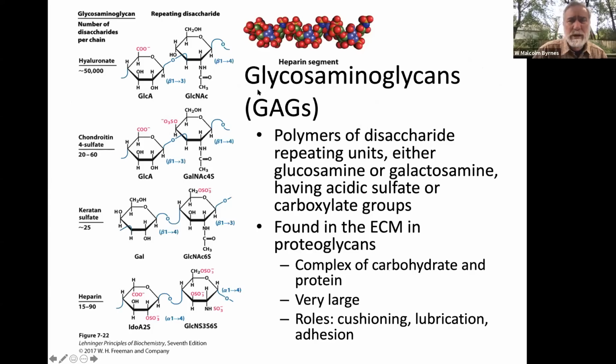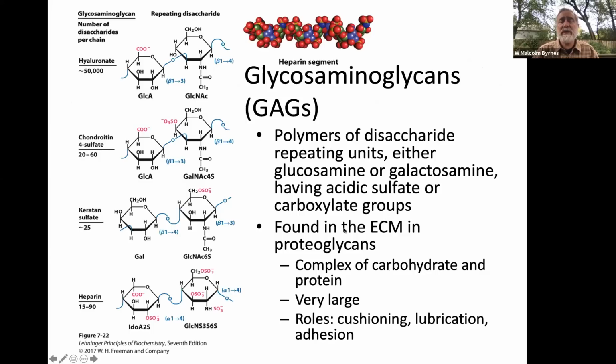Now, I talked about glycosaminoglycans, okay? They're polymers of disaccharide repeating units, which contain either glucosamine or galactosamine that have acidic sulfate or carboxylate groups.